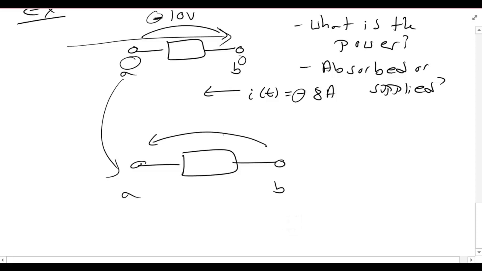This now is VBA, and it is given as positive 10 volts. This is the negative, the low energy side, and this is the high energy side. And now I still have that current I of t is negative 8 amps.